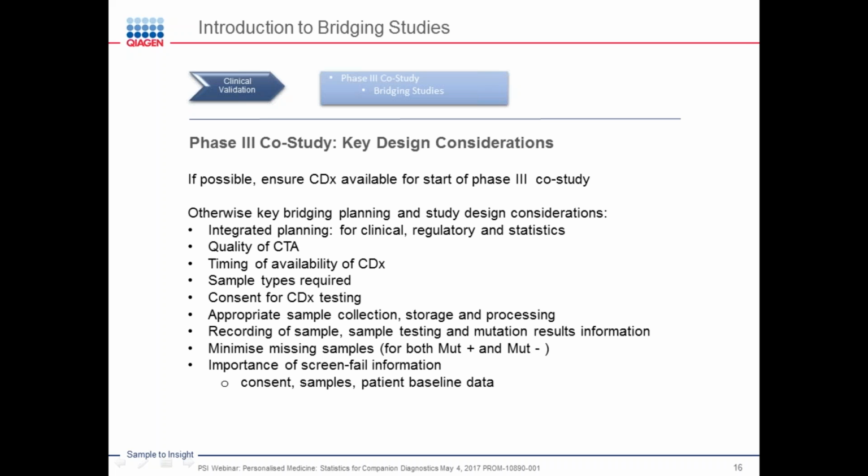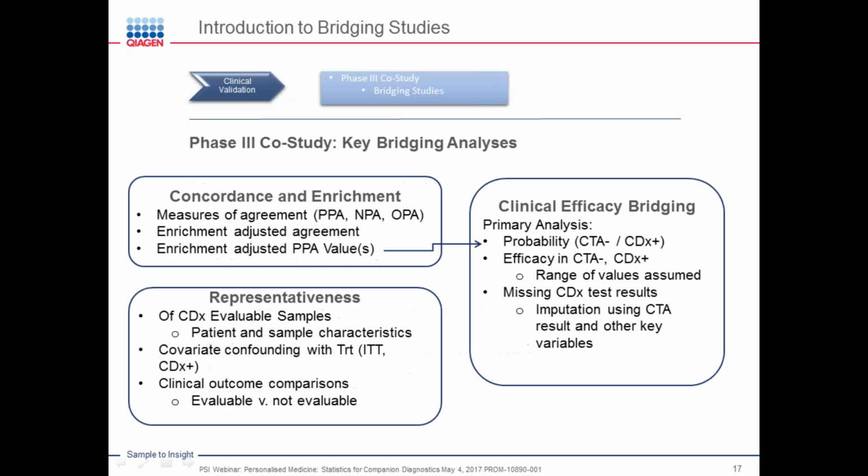So in terms of consent, sample collection, patient baseline data, sample baseline data, it's all very important for the screen fails. In terms of the main analyses in a bridging study, they fall into 3 areas. There's the concordance and enrichment analysis, where we'll look at measures of agreement and adjust those for any enrichment, as I said.